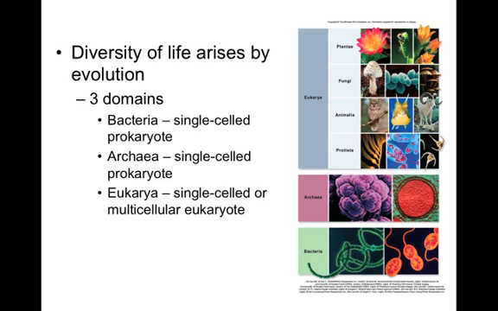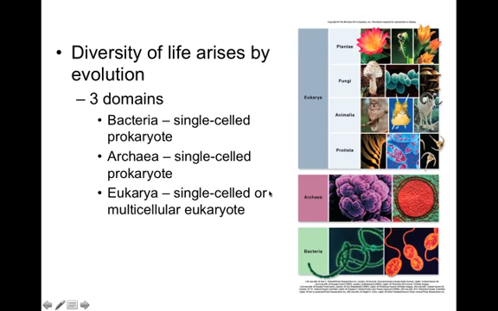The bacteria are single-celled prokaryotic cells. And the archaea are also single-celled prokaryotic cells. However, these are the extremists. They like very extreme, acidic, hot, or sulfury types of environments. And they're actually more similar to the eukaryotes than they are to bacteria, but that's a whole other story.